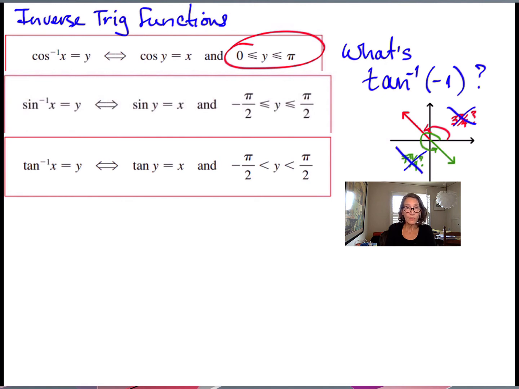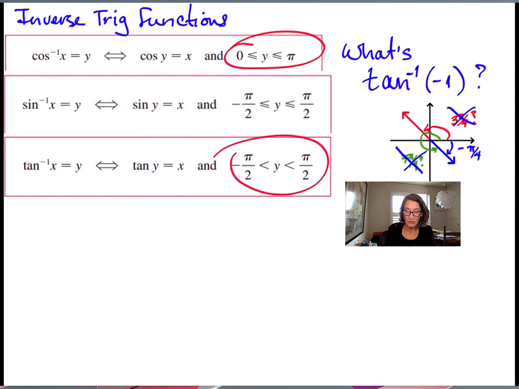Neither of those is the correct answer. The correct answer has to be between negative pi over 2 and positive pi over 2. So it's the angle negative pi over 4. That's the only one that works. So there's always one answer, and you have to remember the restriction on the angle.